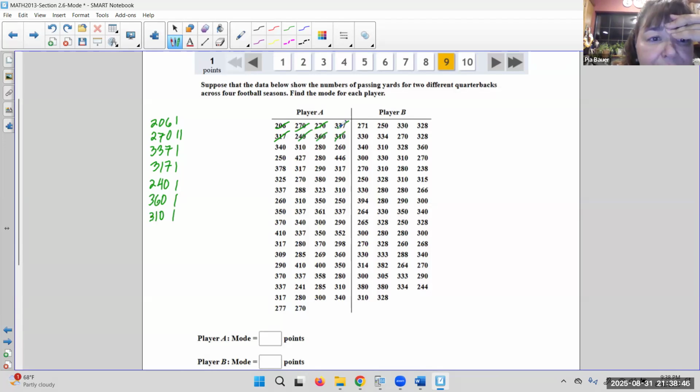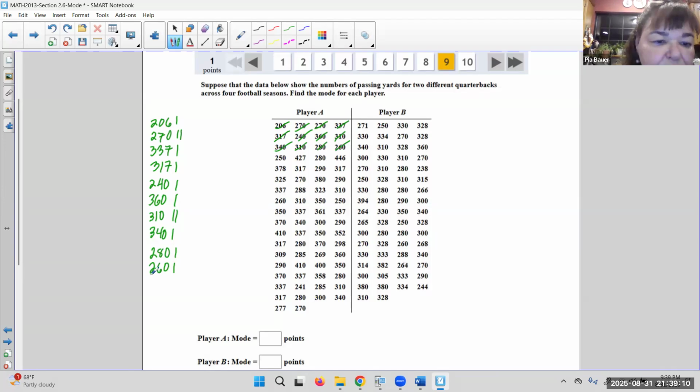Then 340, once. 310 repeats. 280, once. 260, once. So it would be helpful if they were in order.